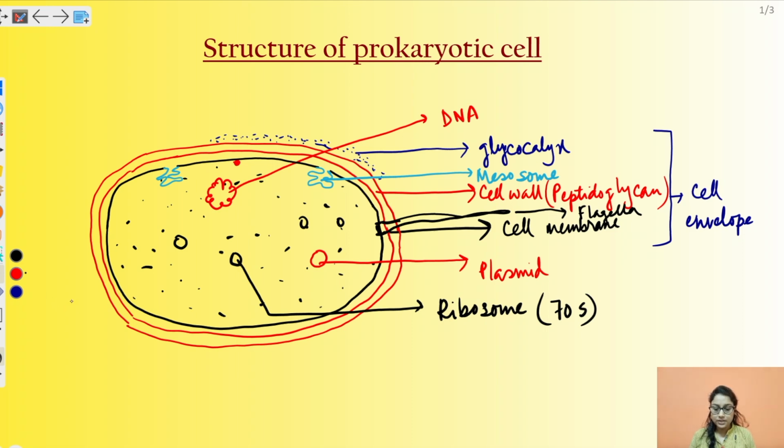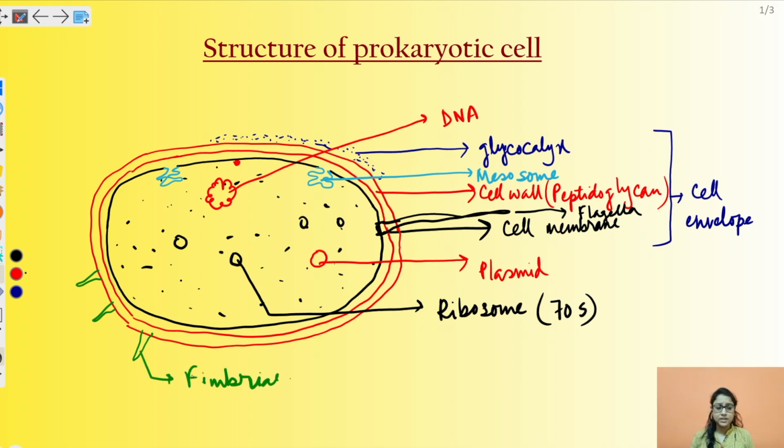Next, we will discuss some other outgrowths or outer structures of this bacterial cell. There are some such structures known as fimbriae.